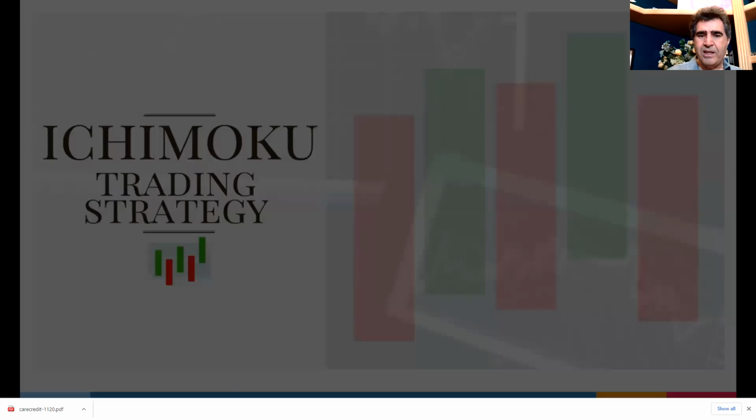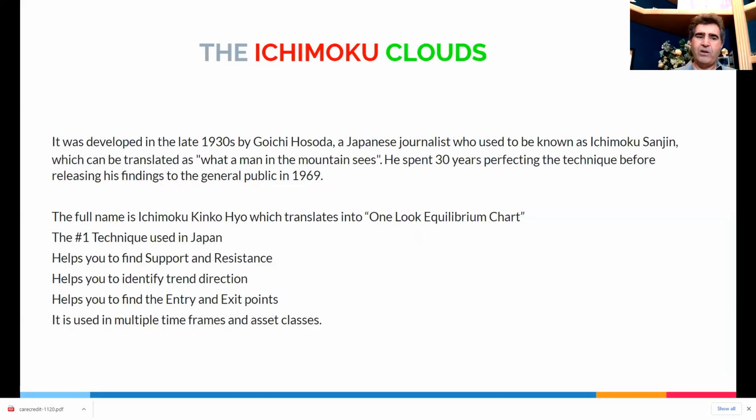Basically, the Ichimoku Clouds were developed in the mid 1930s by Goichi Hosoda, who was a journalist. He was a young man who was reading all kinds of trading books, and everything he read mostly looked at the past. He was very fond of candlesticks, and he thought, what can we do so that we not only look at the past, but actually predict the future?